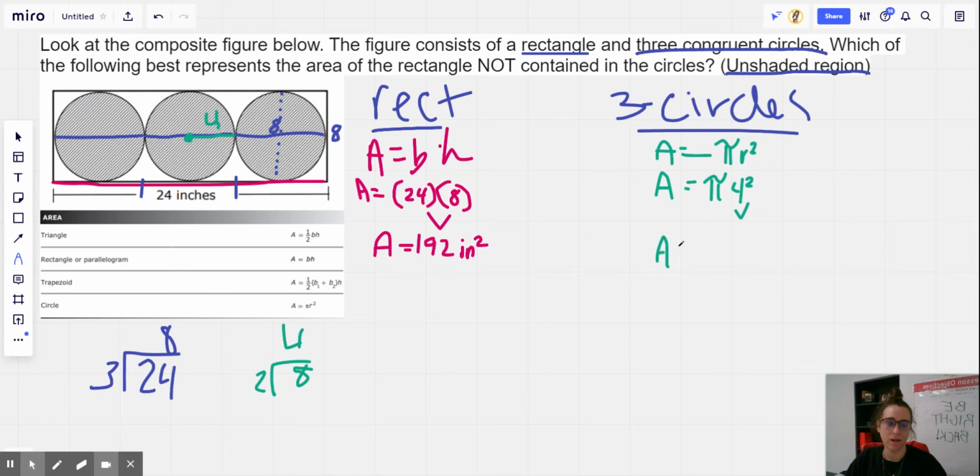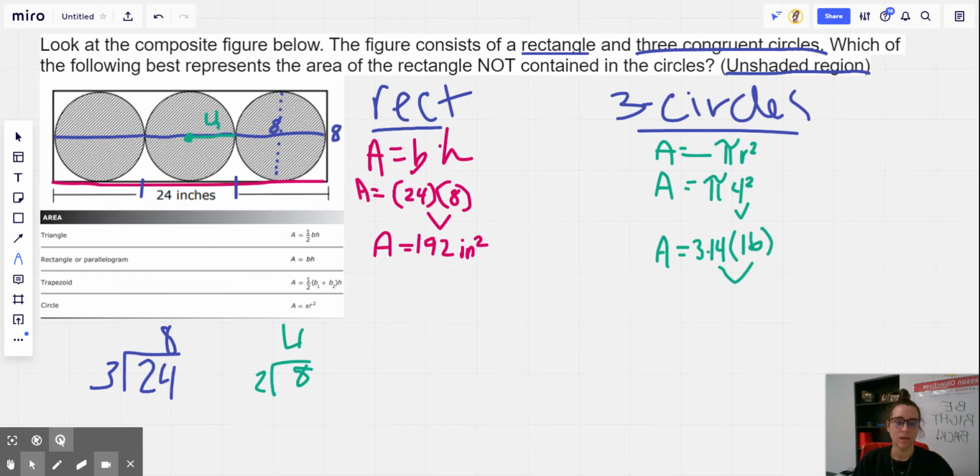So now we have area equals 3.14, because that's what pi is, times 16. We're going to multiply those together, and you will get 50.24 inches squared.